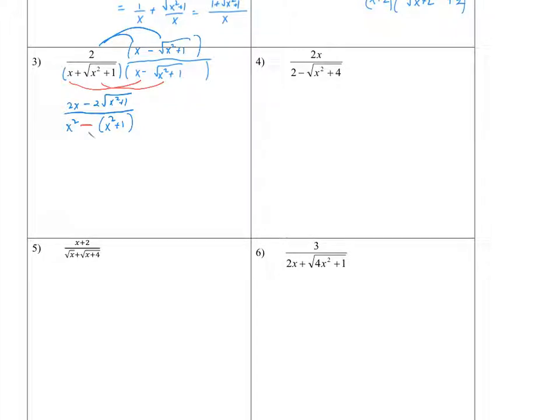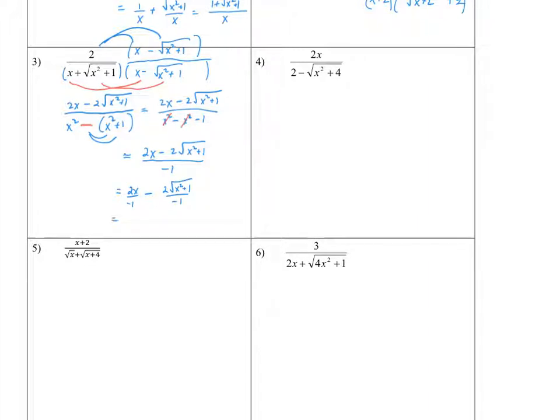In the denominator, distribute the negative. You will get x squared minus 1. Now the x squareds cancel. In the denominator, you'll get a negative 1. If you find it helpful, you can rip apart the fraction.